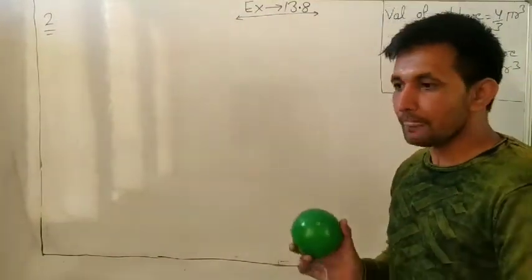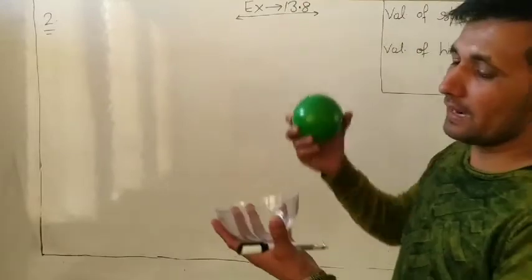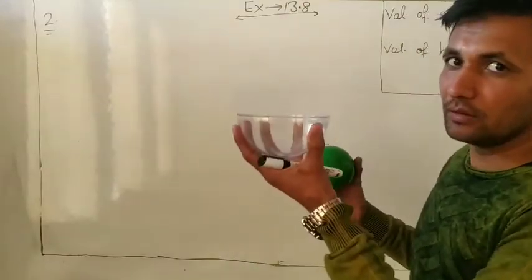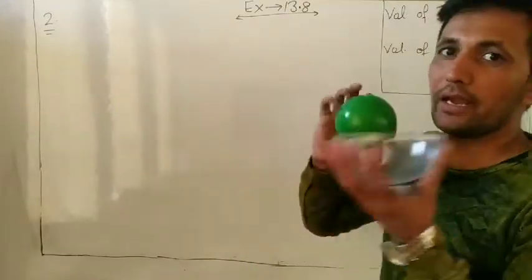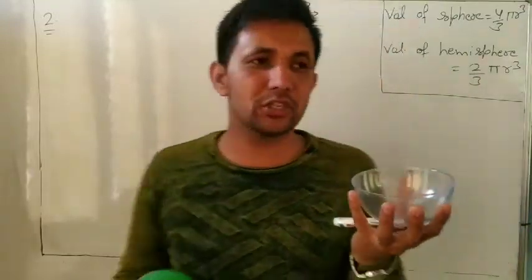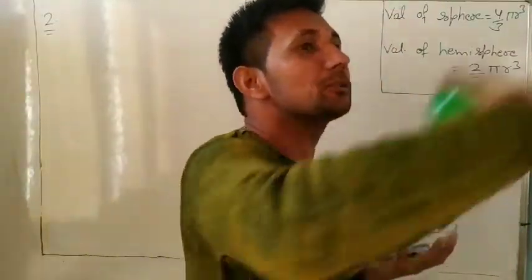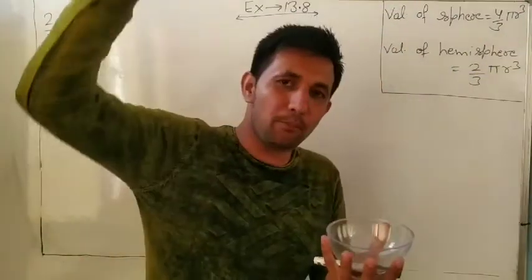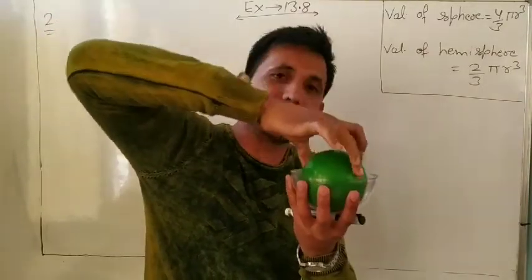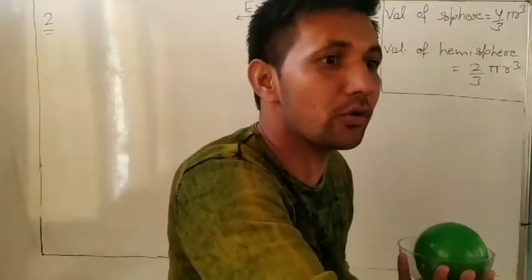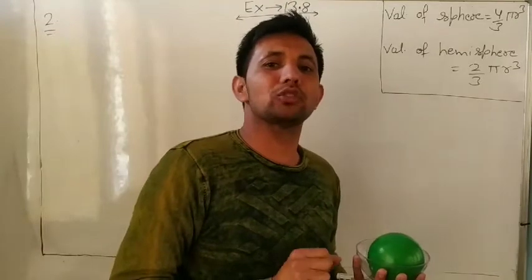Suppose it is a spherical ball and this ball is full of water, and it is given how much water is displaced. So it means when we put this sphere in, some water comes outside, and how much water will come outside?